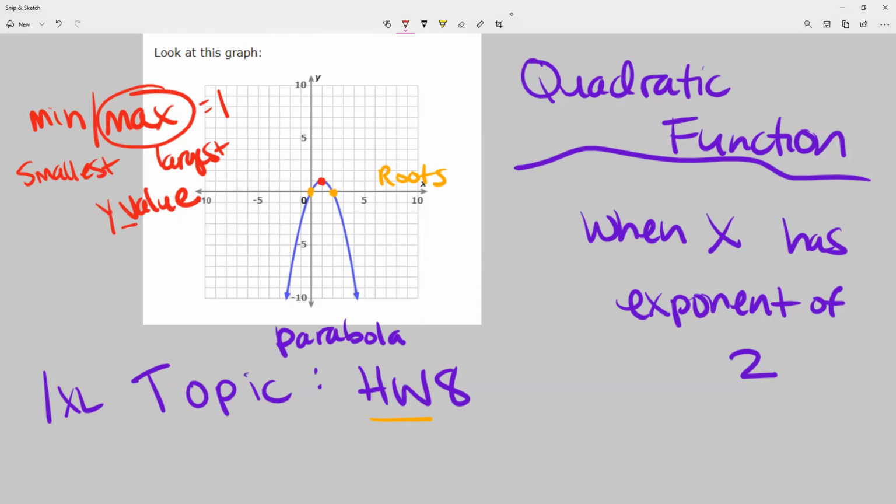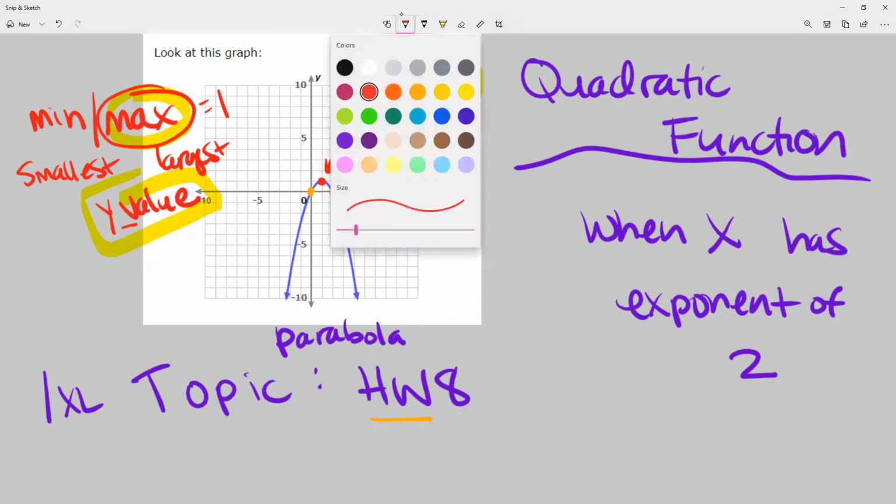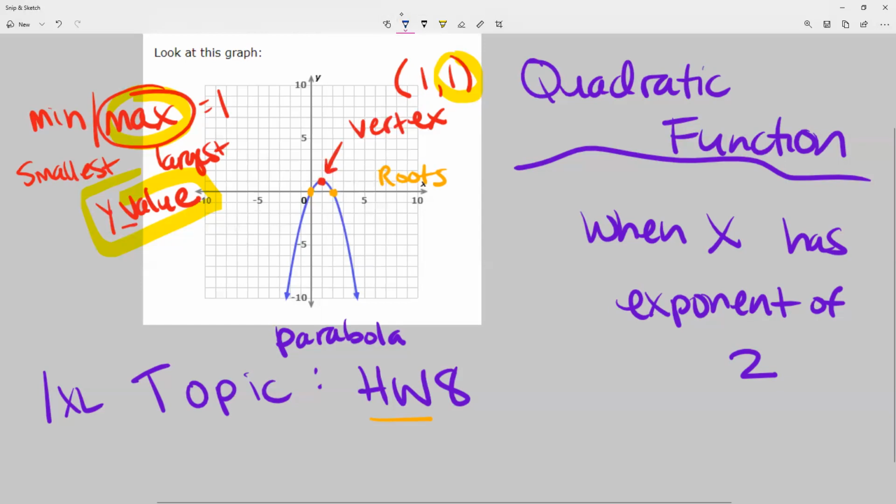The other part of it is that this point is called the vertex. And the vertex for this graph is at 1, 1. So just keep in mind that this y value here for the max comes from this number. The other thing this graph has is an invisible line through the center. It's like an axis.